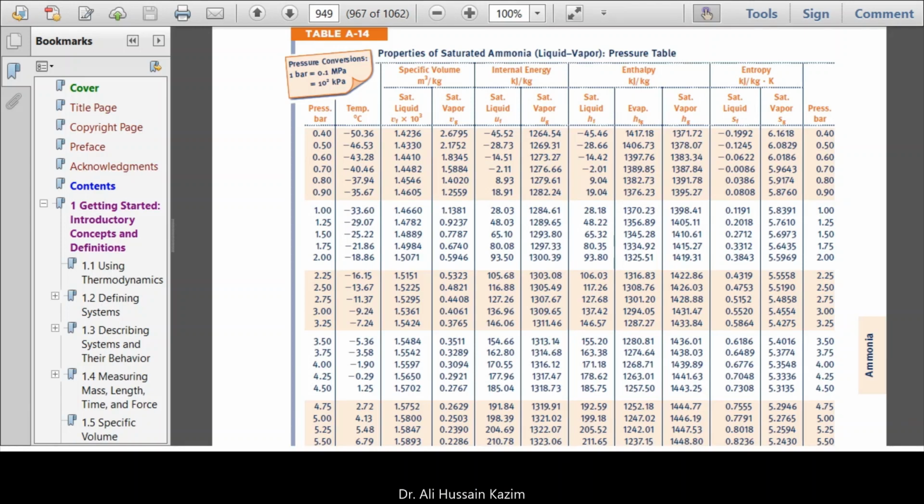So all the values can be found from table A1 except VC. VC comes out to be 3.15 into 10 raised to power minus 3 meter cube per kg.